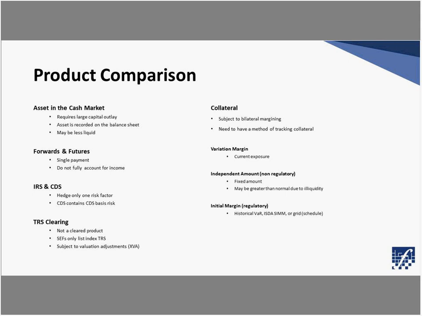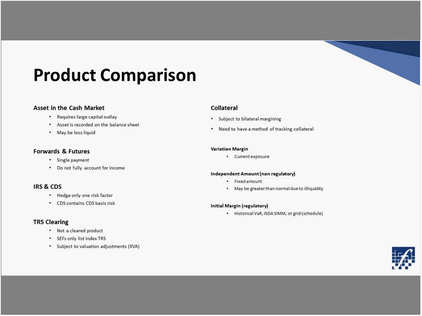In addition, credit default swaps, if using them to hedge a bond, contain CDS basis risk, which is basically the spread implied from the credit default swap not being equivalent to the actual spread on the bond that you may be trying to hedge, and therefore the hedge will not be perfect.